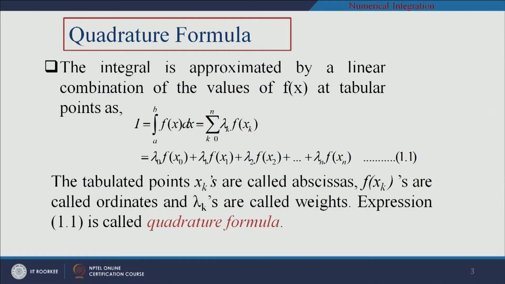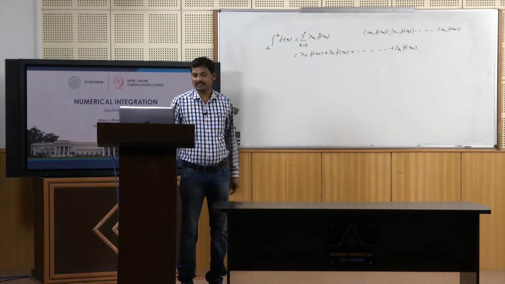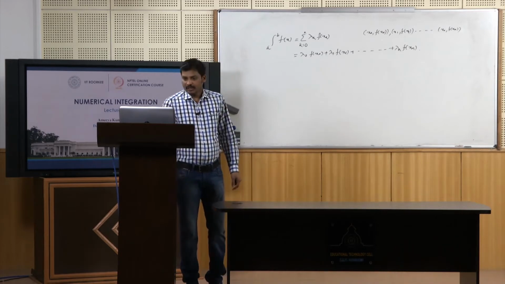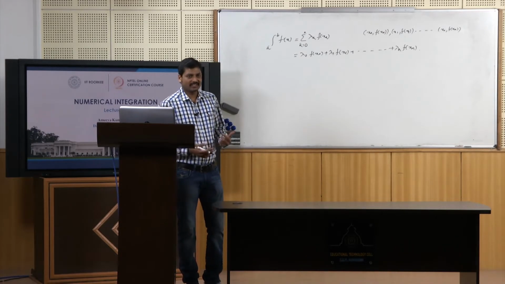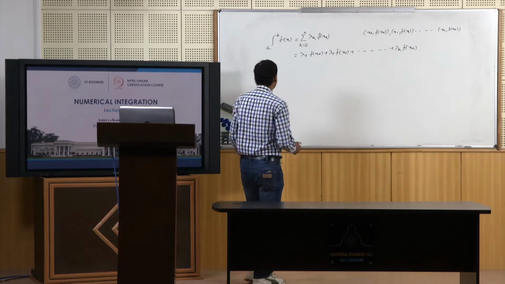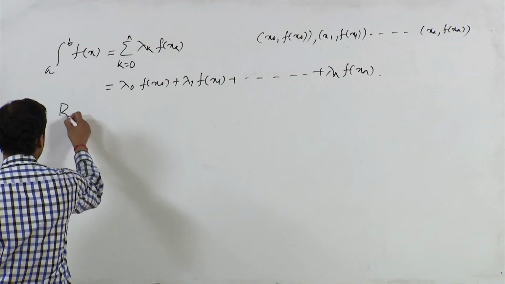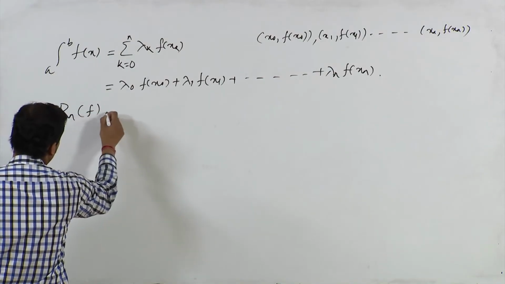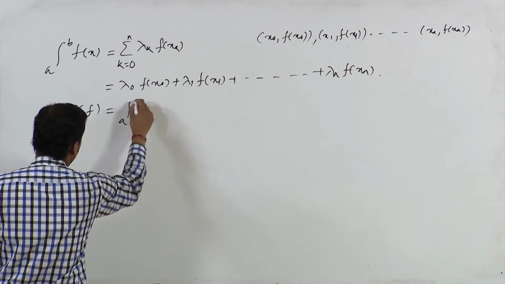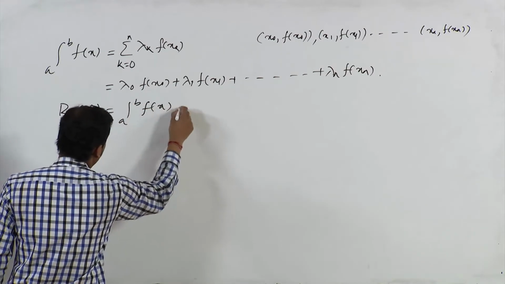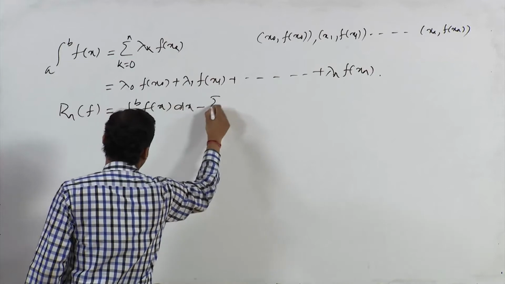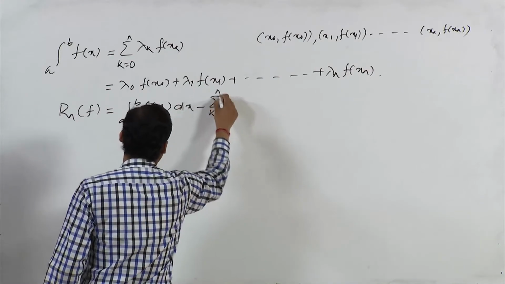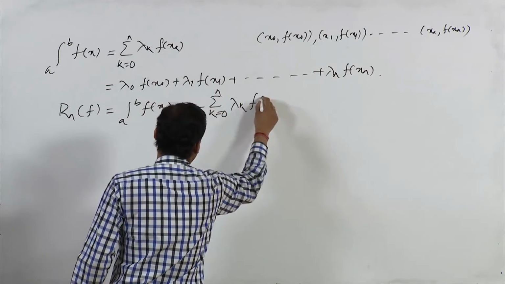This complete expression is called the quadrature formula. For the error of this quadrature formula, the error Rn of f can be written as the integral from a to b of f of x dx minus summation k equals 0 to n lambda k f of x k.